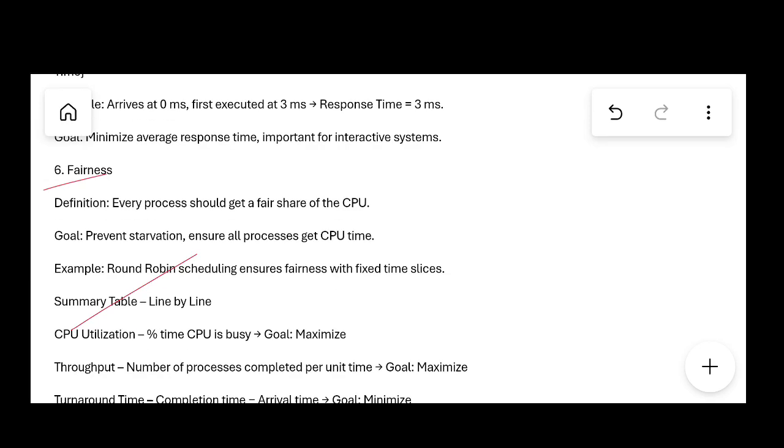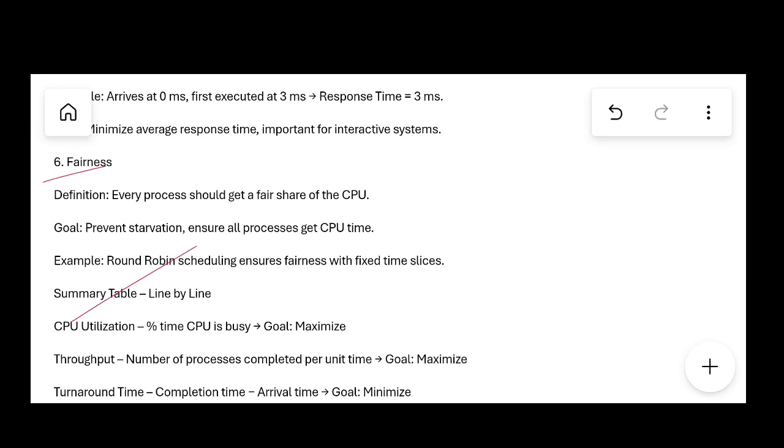Then fairness. This is all about giving every process a fair share of the CPU. Imagine a classroom. If one student gets all the attention, then others suffer.